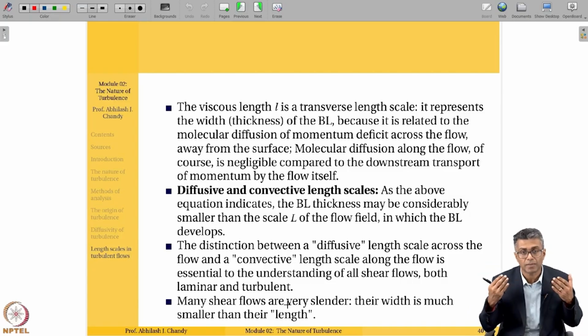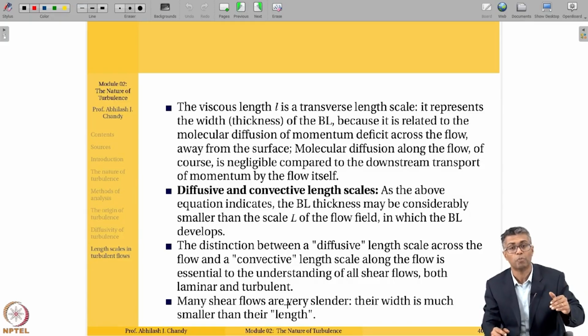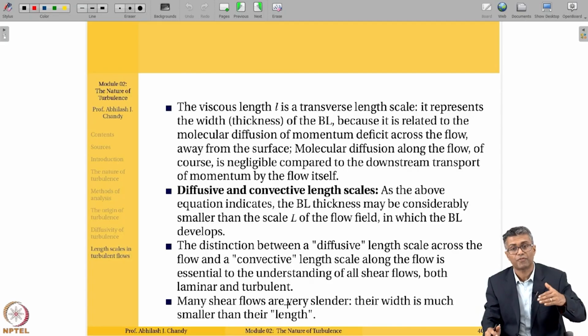So that means it is related to the molecular diffusion, isn't it? It is related to the viscous diffusion or molecular diffusion of momentum, because we are talking about the Navier-Stokes equations. So obviously it is a diffusion of momentum, and it is a diffusion of momentum deficit across the flow.